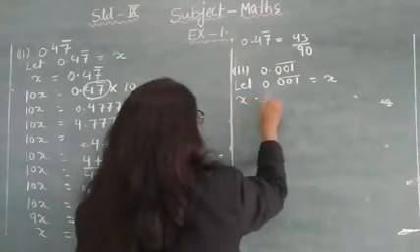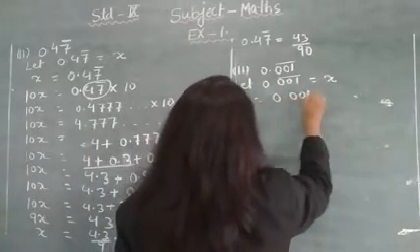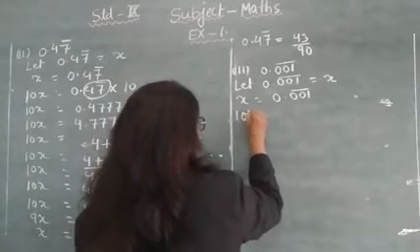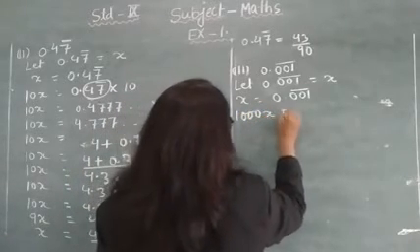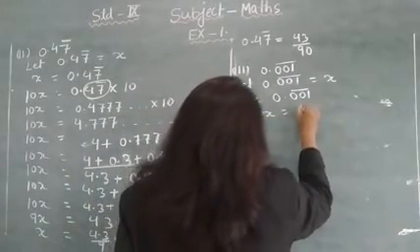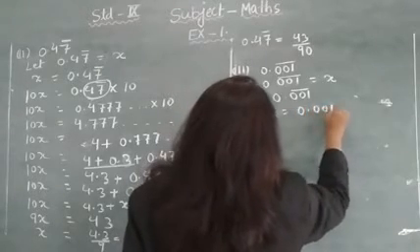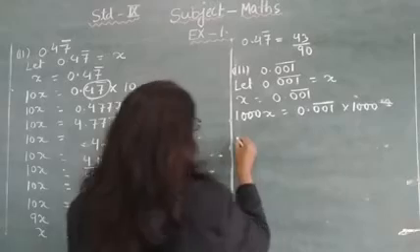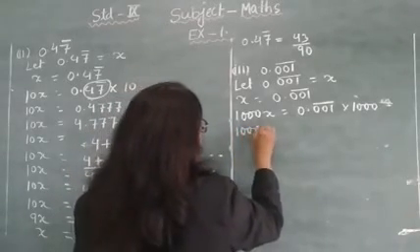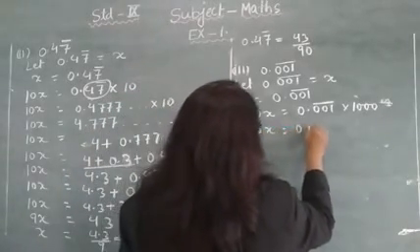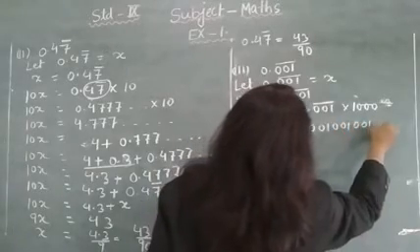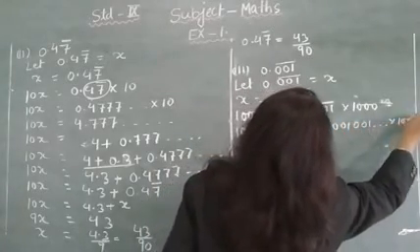Now x is equal to 0.001 recurring. Then 1000x is equal to 0.001 recurring multiplied by 1000. Fine. 1000x is equal to 0.001001 and so on, multiplied by 1000.